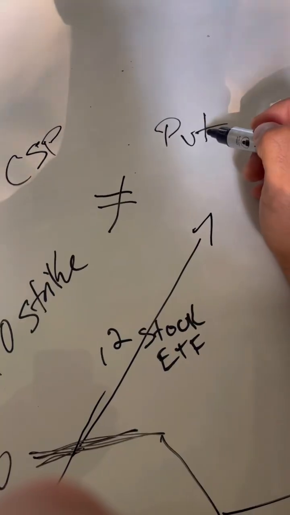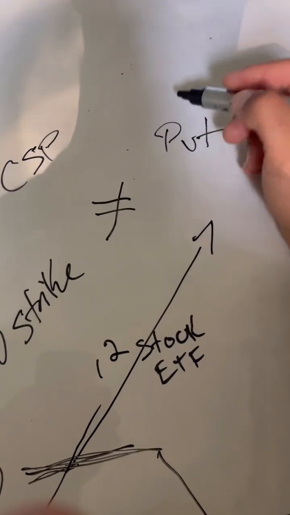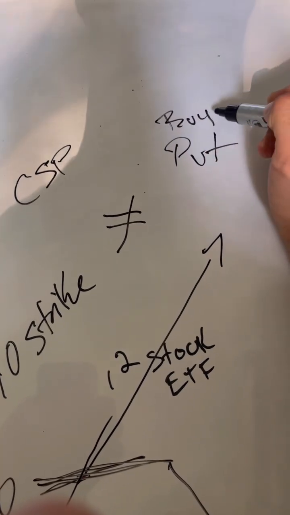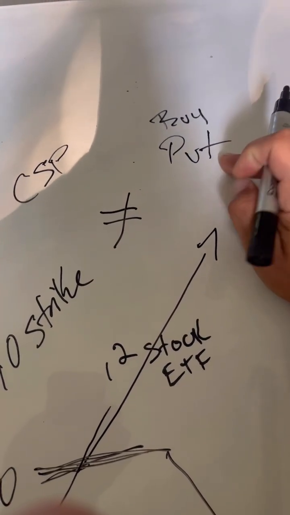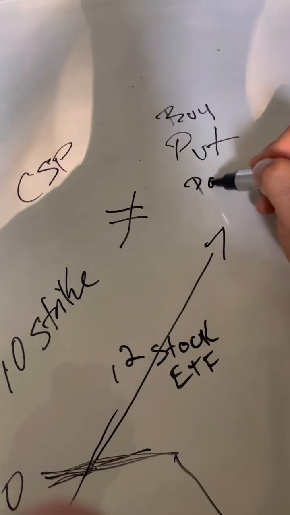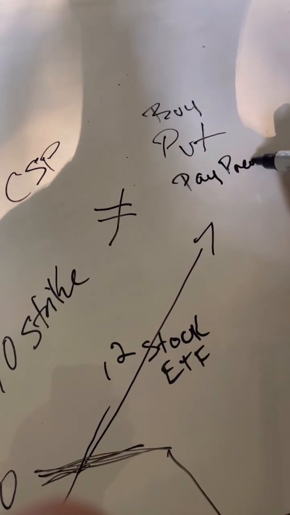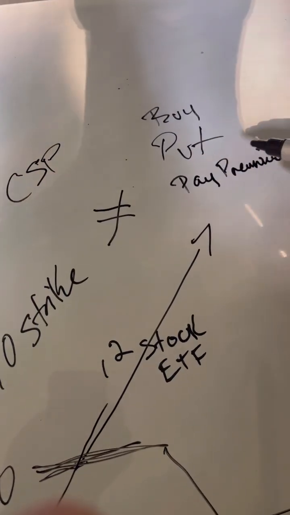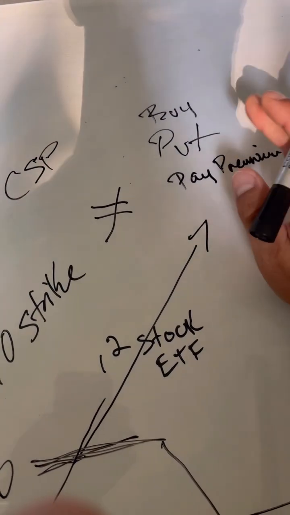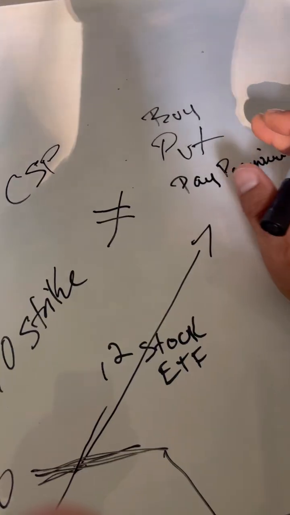Someone on this side of the equation is going to buy. Someone is betting that the stock is going to turn around at a certain point, and they are paying the premium, or they're paying it for a different reason. They could be protecting their downside as well.